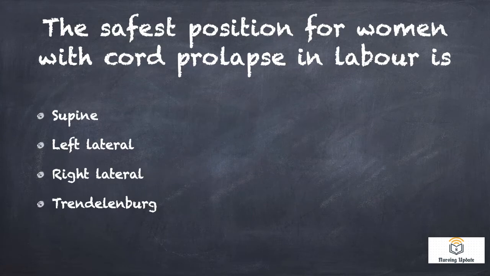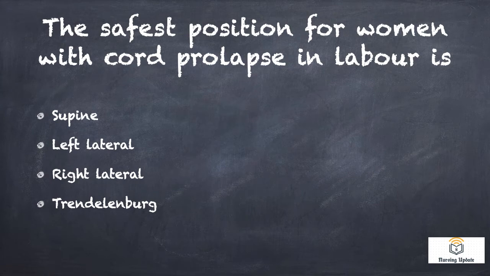The next MCQ: the safest position for women with cord prolapse in labor is? As I already told, sign and position are the most important topics as far as MCQs are concerned. Among that, this question is on the safest position for women with cord prolapse. So you should know what cord prolapse is.